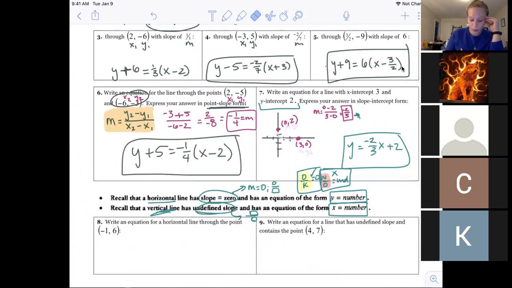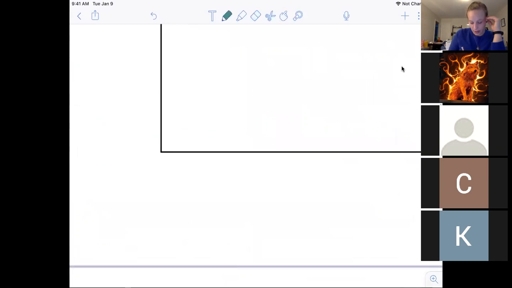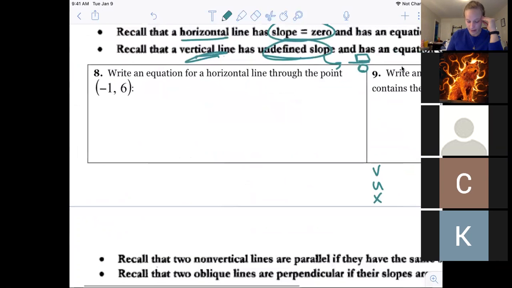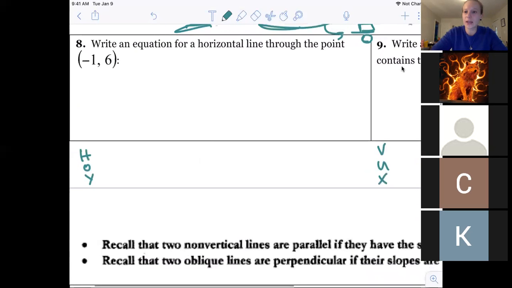Another way I remember horizontal and vertical lines is this cute little saying. It goes, hoi vux, V-U-X, hoi vux. For us Spanish speakers, we may want to say oi, but I want you to have a hard H there to remember that H is there. So hoi vux is a cute little mnemonic to help me remember this.